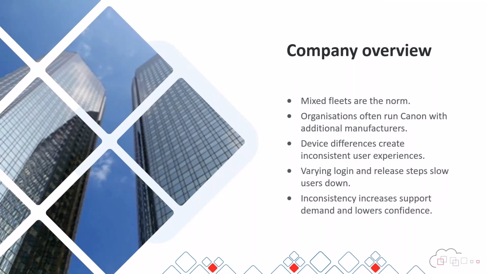IT teams are responsible for keeping that environment running smoothly, supporting users across multiple locations and device types. Now, trying to maintain a consistent experience where possible for the users can be challenging. Now, this kind of setup isn't unusual, but it sets the stage for the day-to-day challenges we are now going to see next.